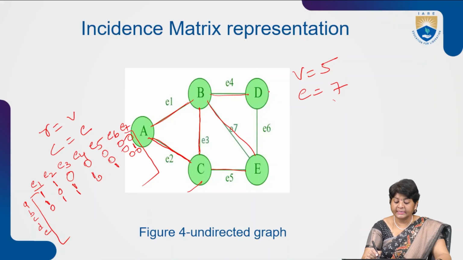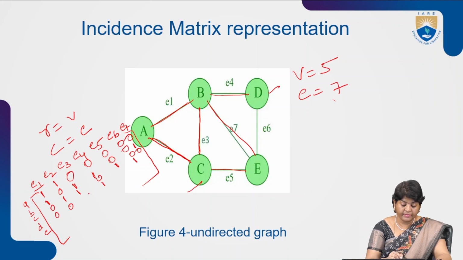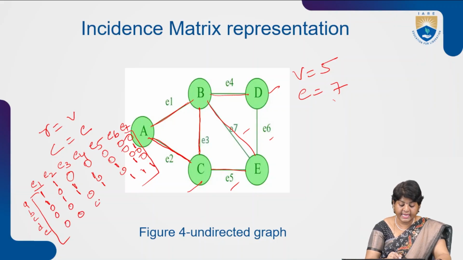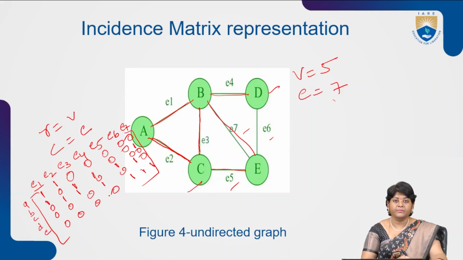When you come to D, E4 and E6 are present and the rest are 0. And when you come to vertex E, E6, E7, E5 are incident to vertex E. So we will mark E6, E7 and E5 as 1 and the rest of the edges as zeros. So this is the incidence matrix of the undirected graph.